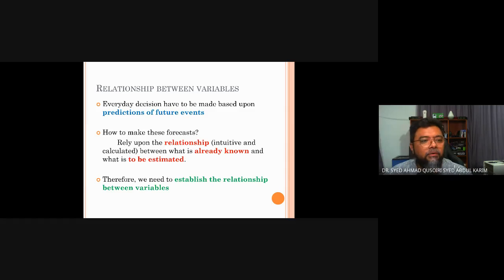So how to make these forecasts? They are based on the current relationship values, which are already known, just that we estimate it for future events. So in order for us to come out with this type of forecast, we need to establish the relationship between the variables.